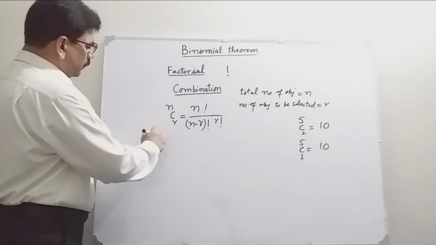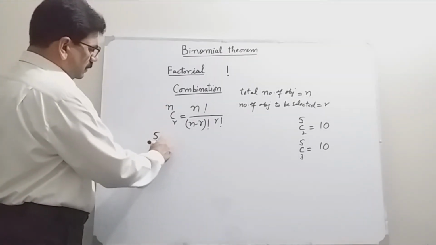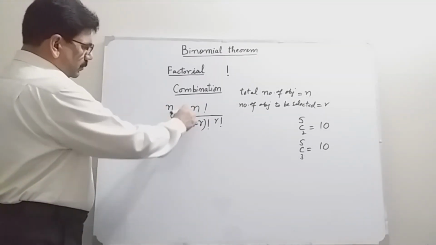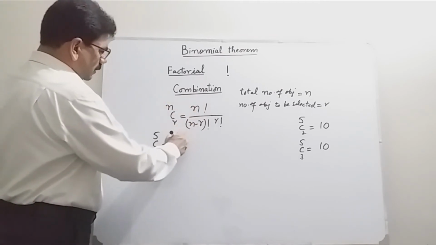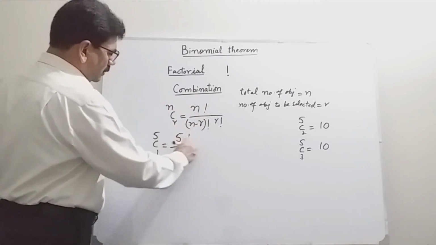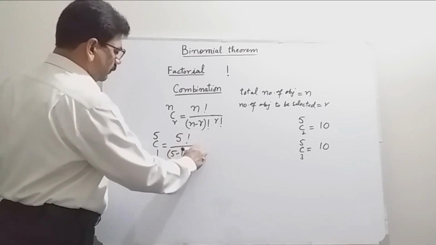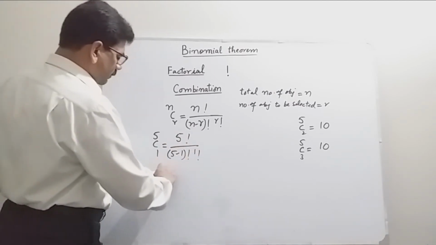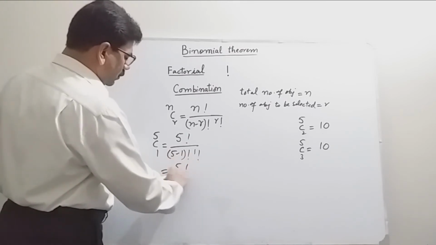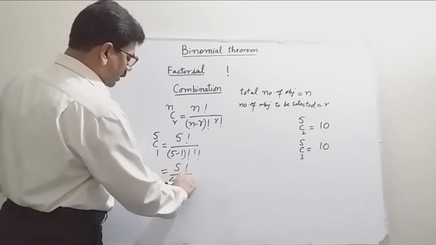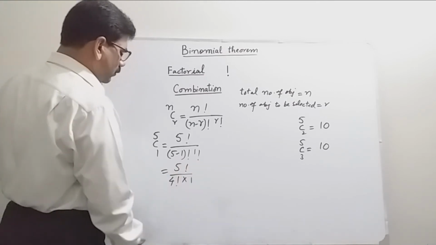Now, if we want to find 5 combination 1, using the formula nCr, we will get 5 factorial over 5 minus 1 factorial into 1 factorial. So this will be 5 factorial over 4 factorial multiplied by 1 factorial will be equal to 1.